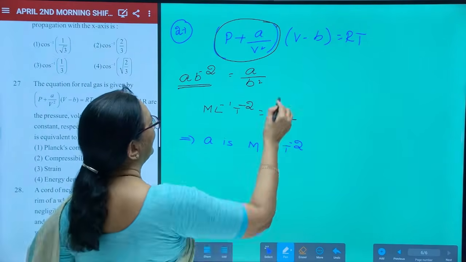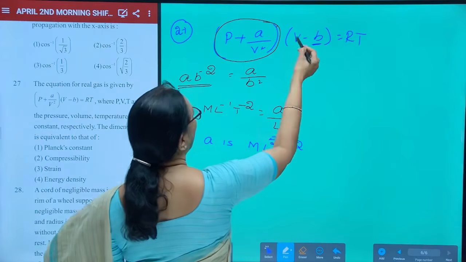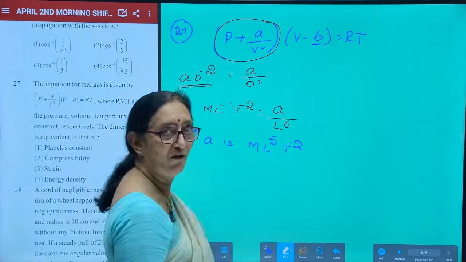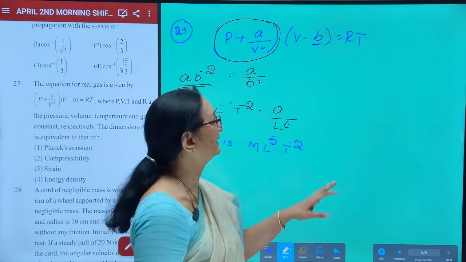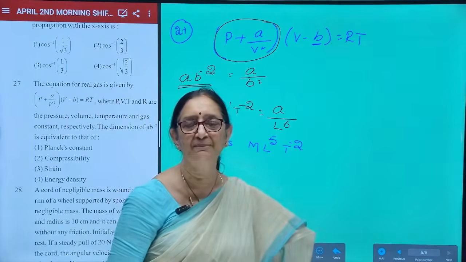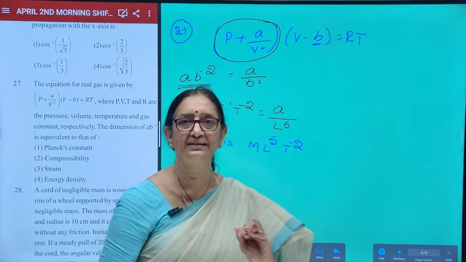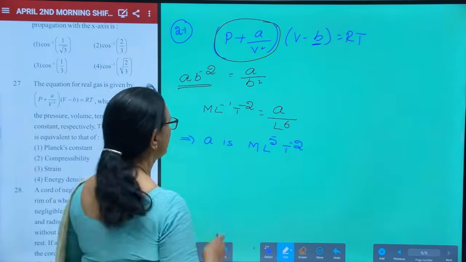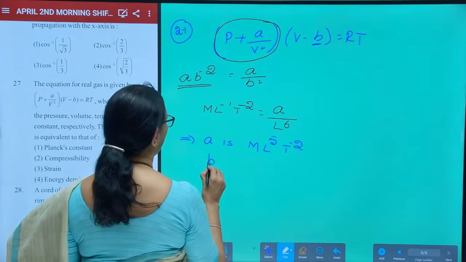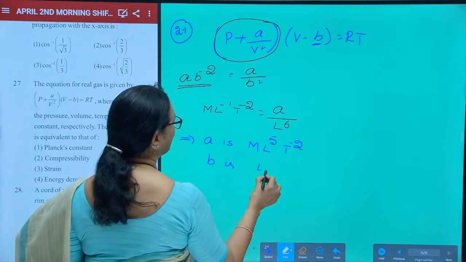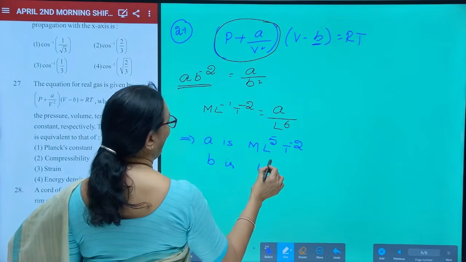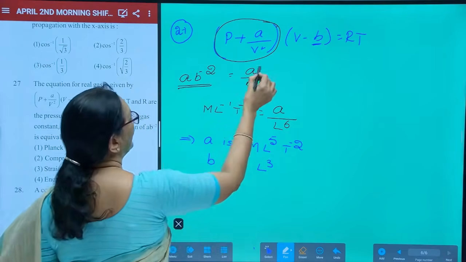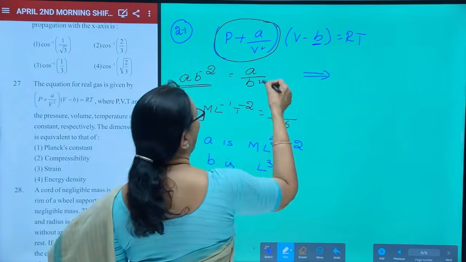Coming to the dimensional formula for B, it is the same as that of volume. Again, from the principle of homogeneity, as B is subtracted from V, its dimensional formula must exactly be the same as the dimensional formula for volume. So the dimensional formula for B is L cube. Now we want to find A by B square.